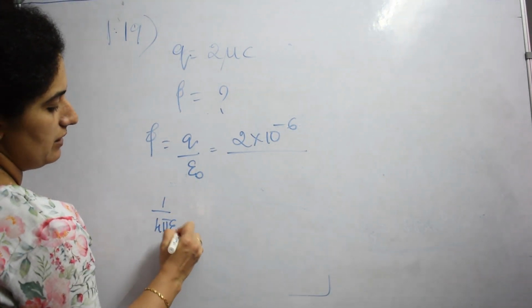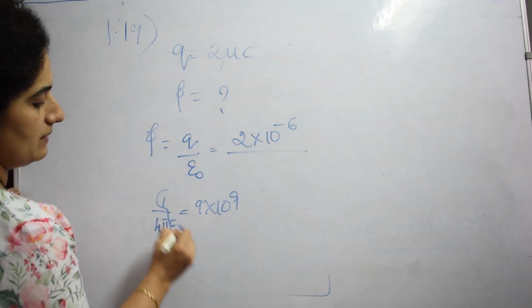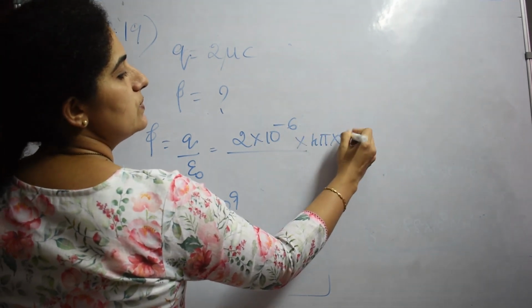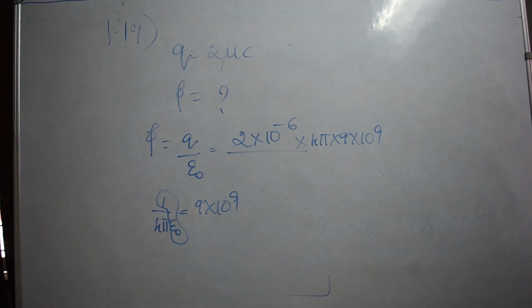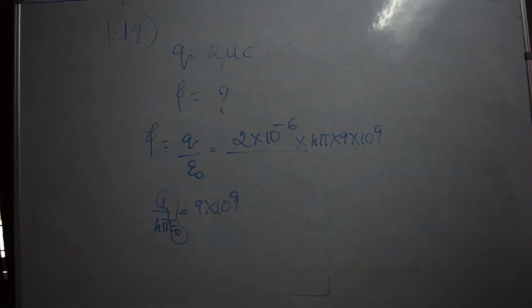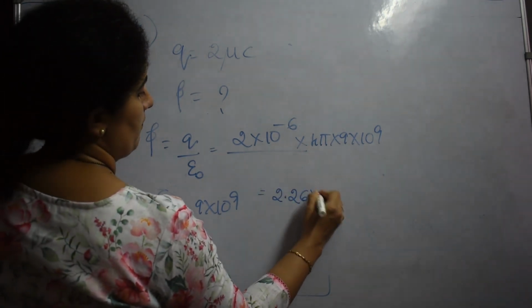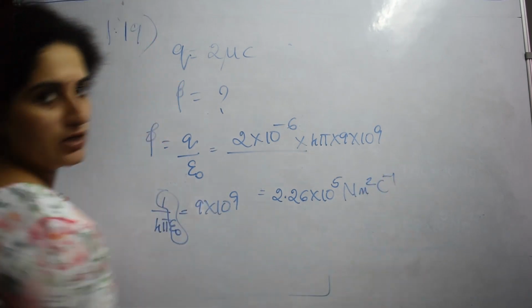Again 1 by 4 pi epsilon naught is 9 into 10 to the power 9. So 1 by epsilon naught will be 4 pi into 9 into 10 to the power 9. So substitute the corresponding values, you get 2.26 into 10 to the power 5 Newton meter square per coulomb.